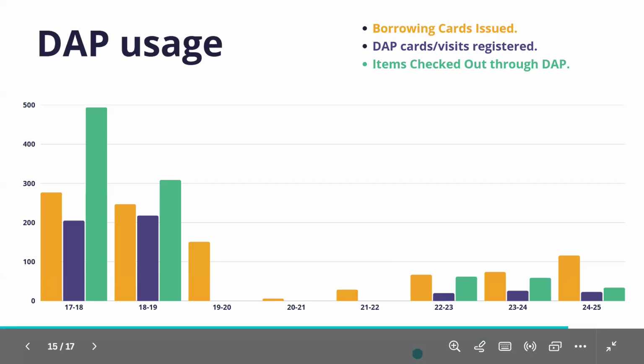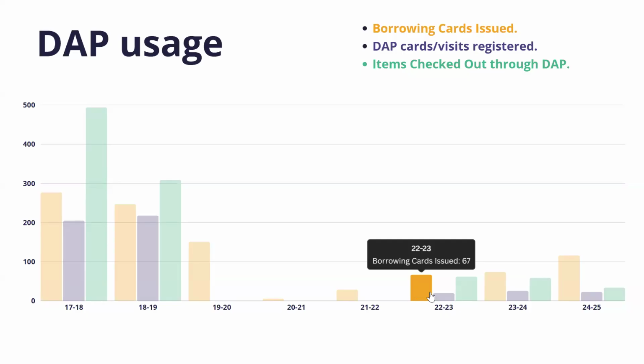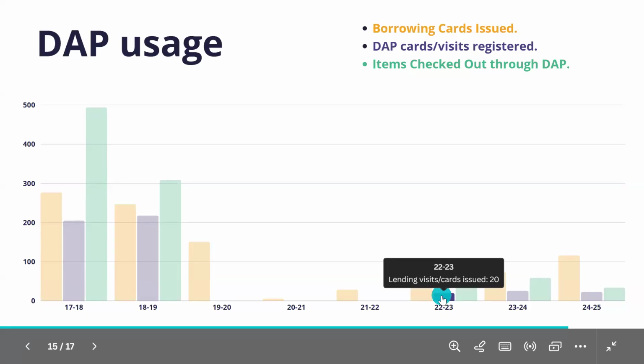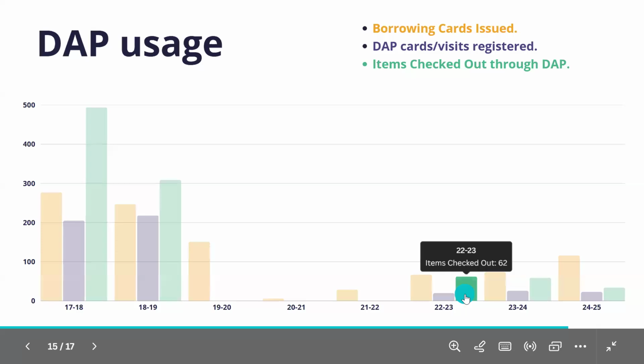You can always join at any time, but not hearing about it seemed answer enough. I don't think anyone's surprised that the numbers dropped, but we still had 67 cards issued, 20 lending cards issued that we know of, and visits and checkouts happening.